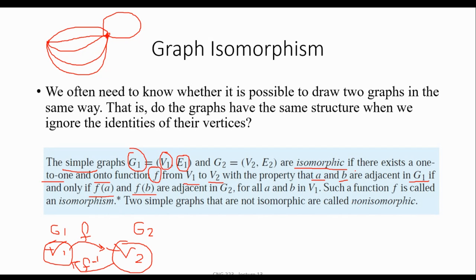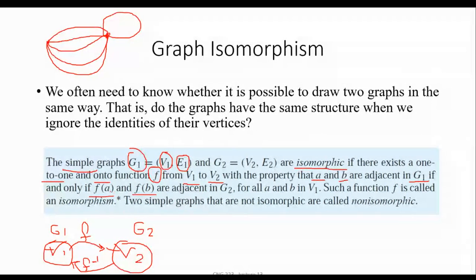So let's go back to this part. G1 and G2 as two simple graphs are isomorphic if there exists this function from V1 to V2 with the property that A and B are adjacent in G1, so they should be neighbors, if and only if f(A) and f(B) are adjacent.